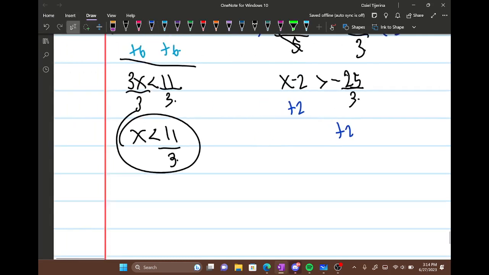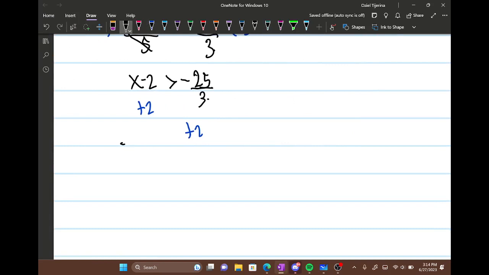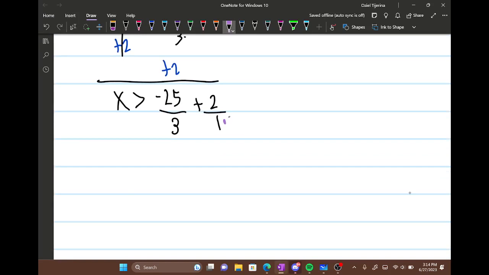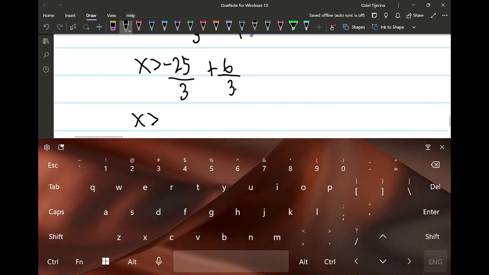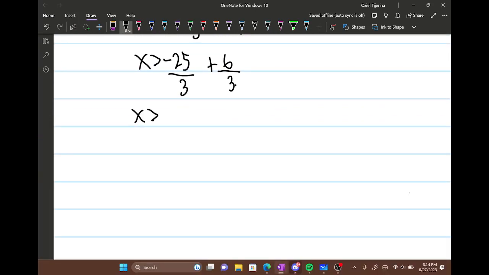I didn't do it on the right side because I took a different approach, but you can do that as long as you know how to add fractions well. X is greater than -25 over 3 plus 2 over 1. If I get the common denominator, x is greater than -25 over 3 plus 6 over 3. Finally, x is greater than -19 over 3.